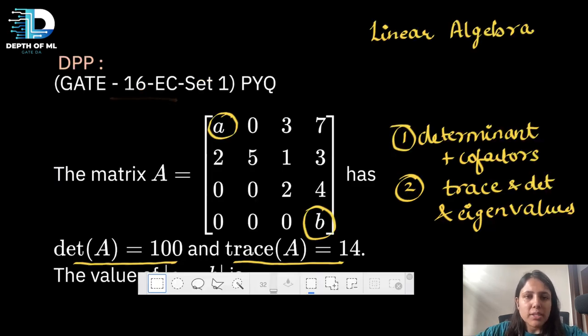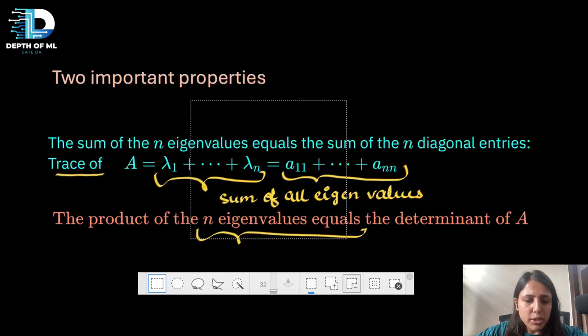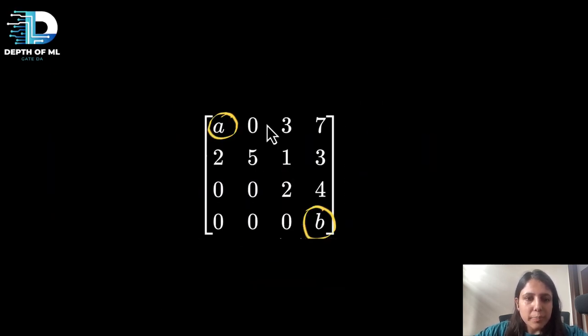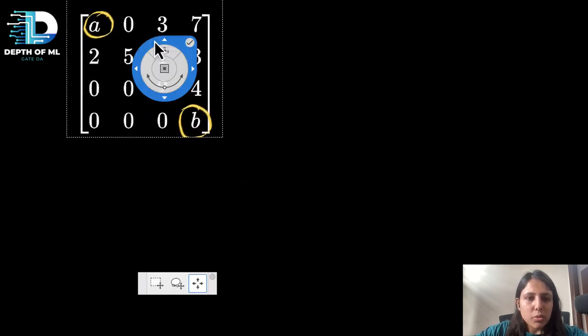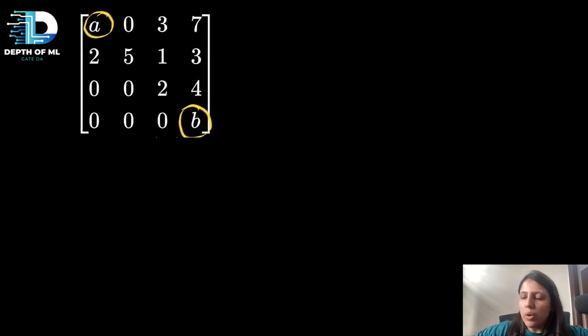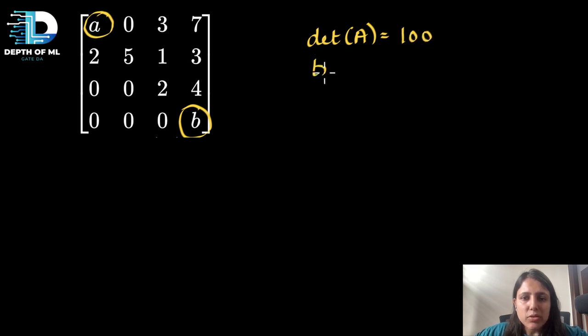Let me copy this matrix so that we can work with it. I'll take it to a new page. This is what has been given to me. Also given is that the determinant of A is equal to 100 and the trace of A is equal to 14.